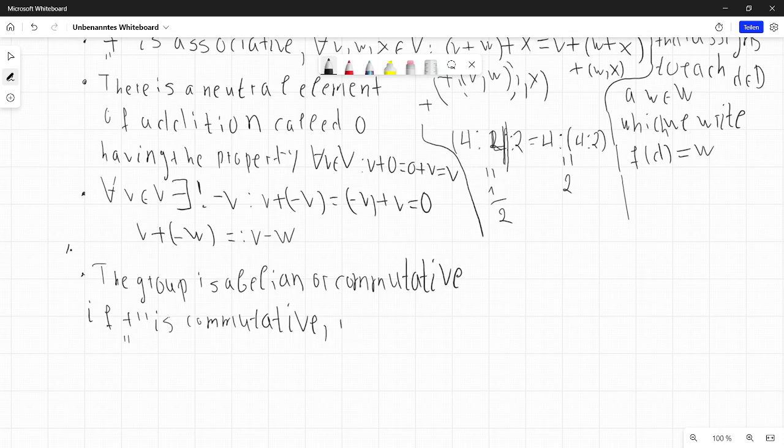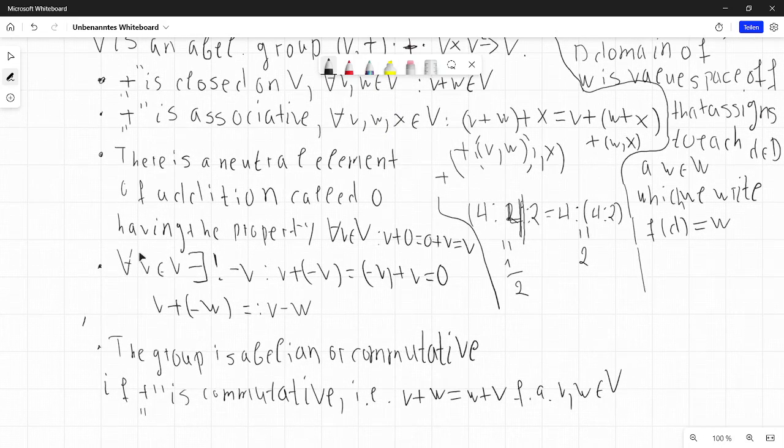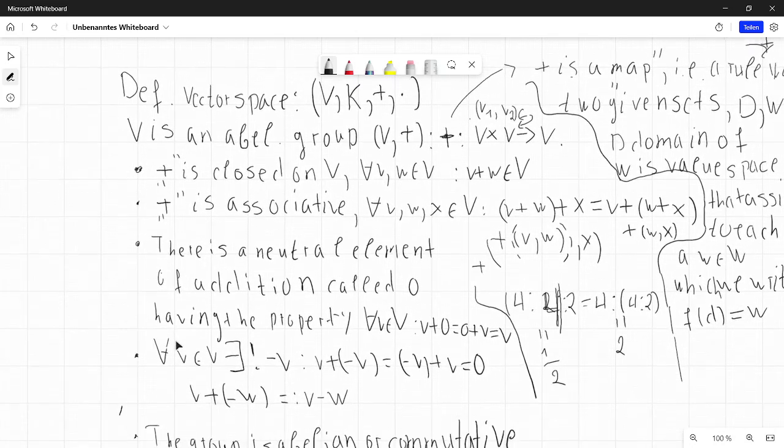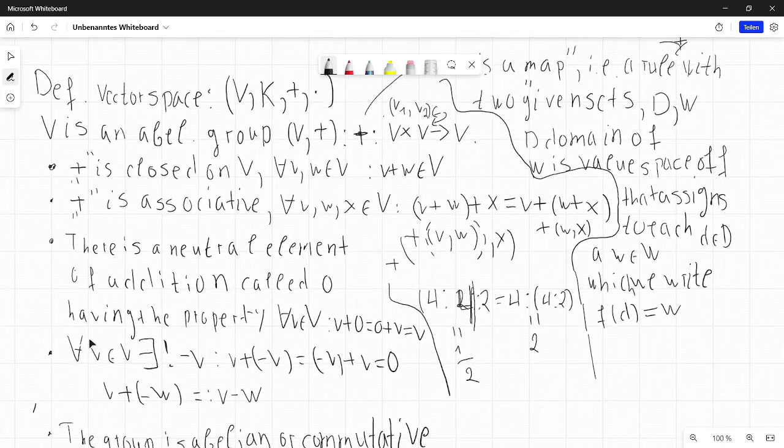From now on I will probably omit the quantifiers for all when it's clear that I'm talking about all vectors. For all v and w, v plus w is equal to w plus v. Right, this is a group.